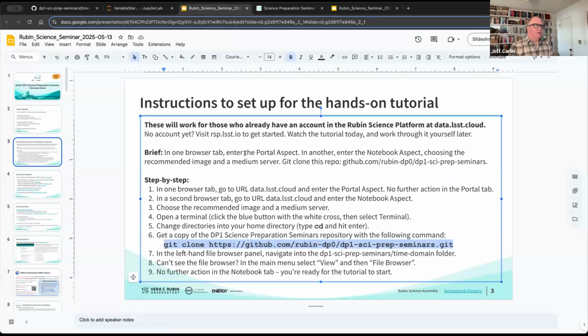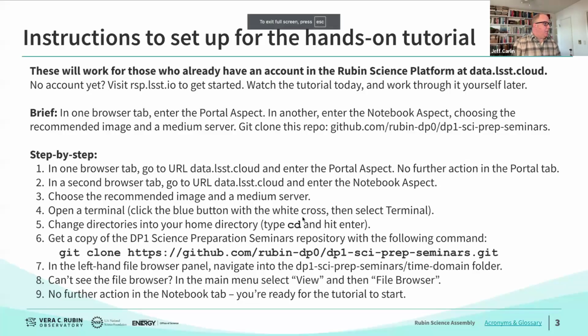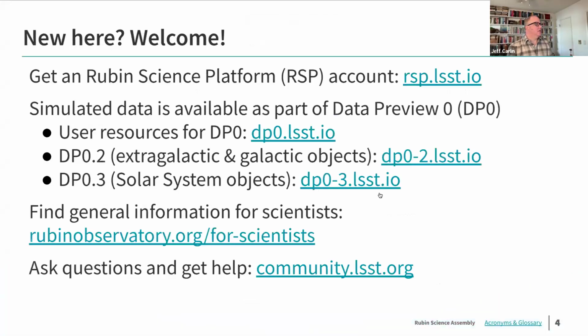This is the git clone command that you'll need to copy over the notebook that we're going to use in a little bit. So this has instructions for how to do that. Again, this is the third slide in the slide deck that I shared.